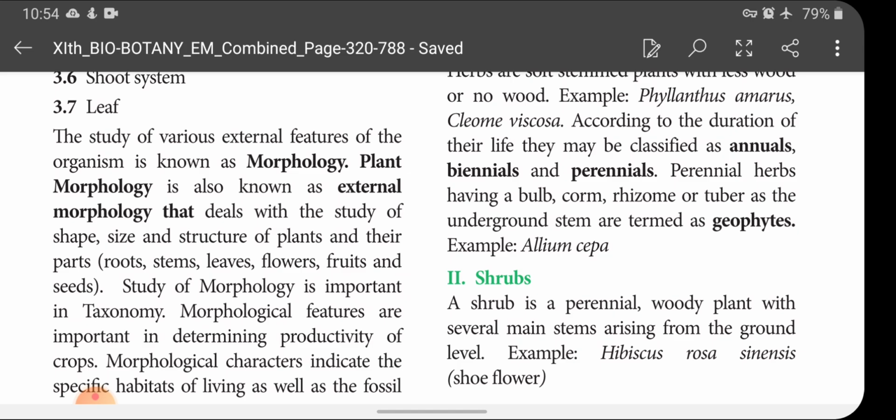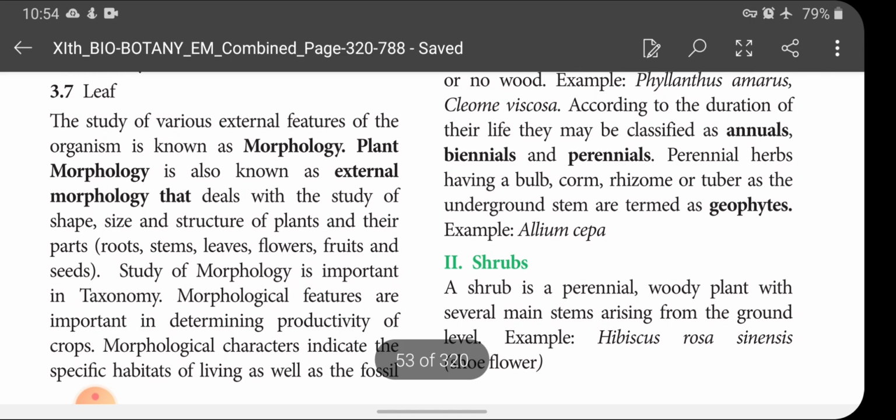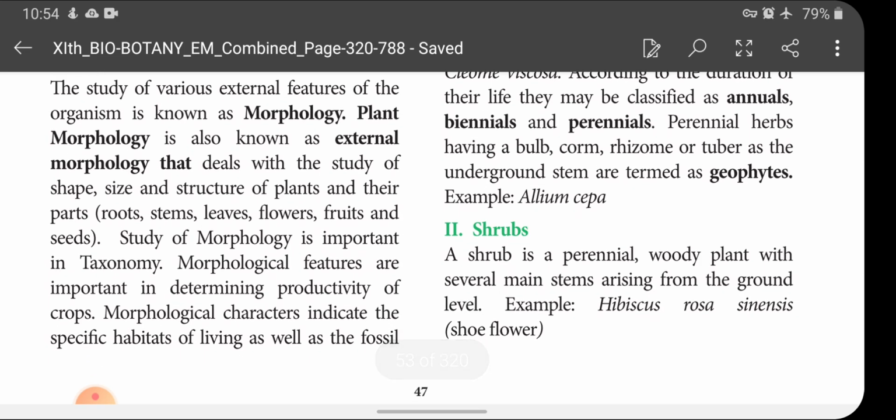Plant morphology is also known as external morphology, which deals with the study of shape, size and structure of plants and their parts. Roots, stem, leaves, flowers, fruits and seeds are the external structures that we can see. The study of morphology is important in taxonomy.